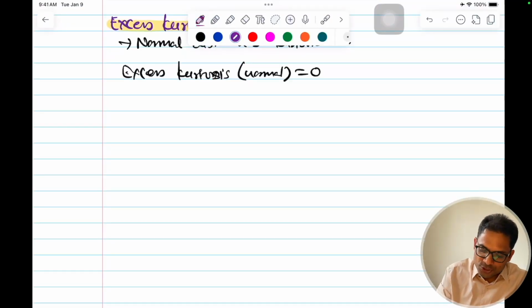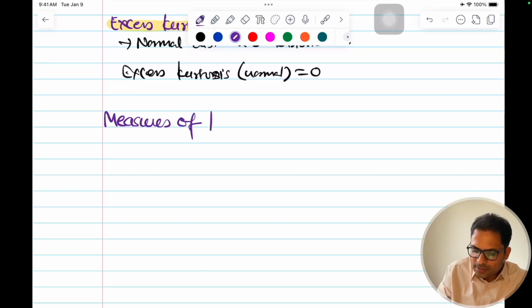Measures of position. This we know already; I'll just formalize the understanding. We all give tests.